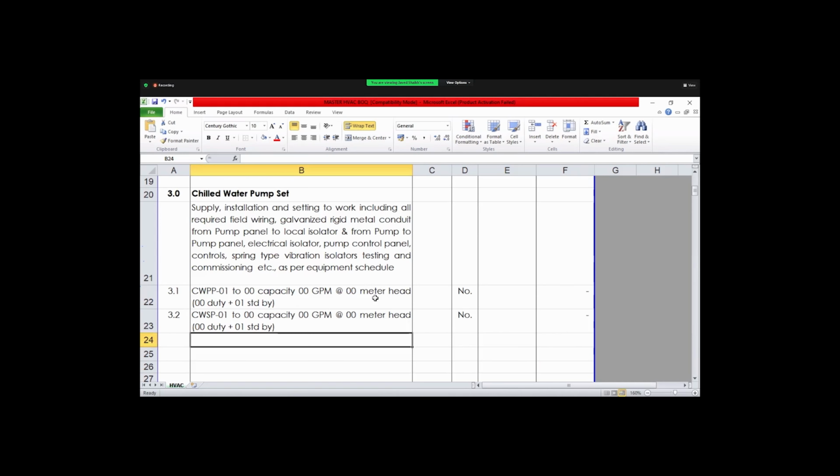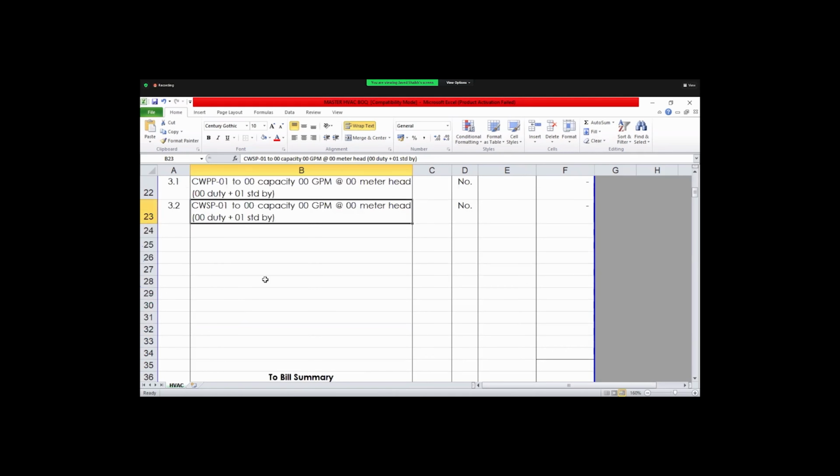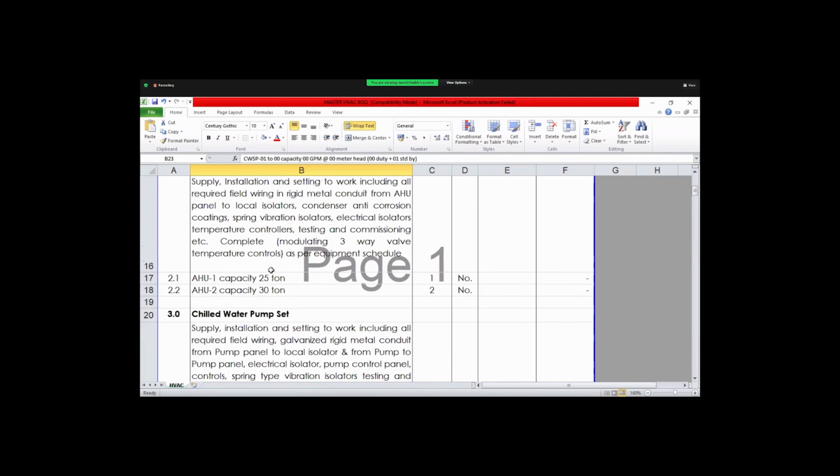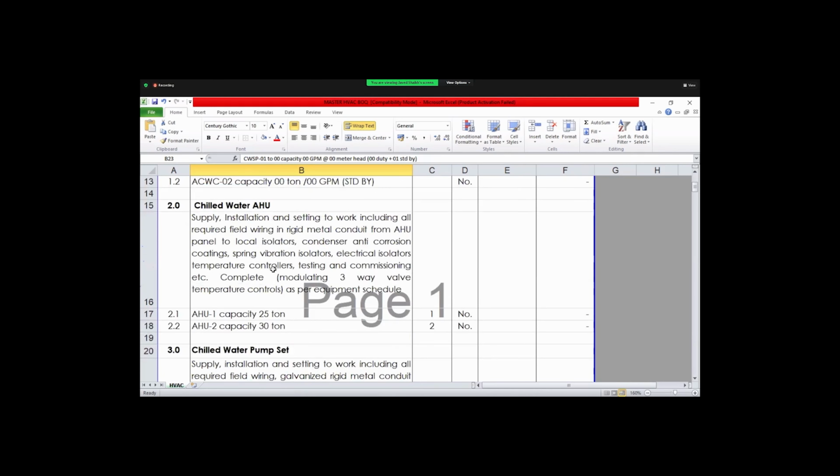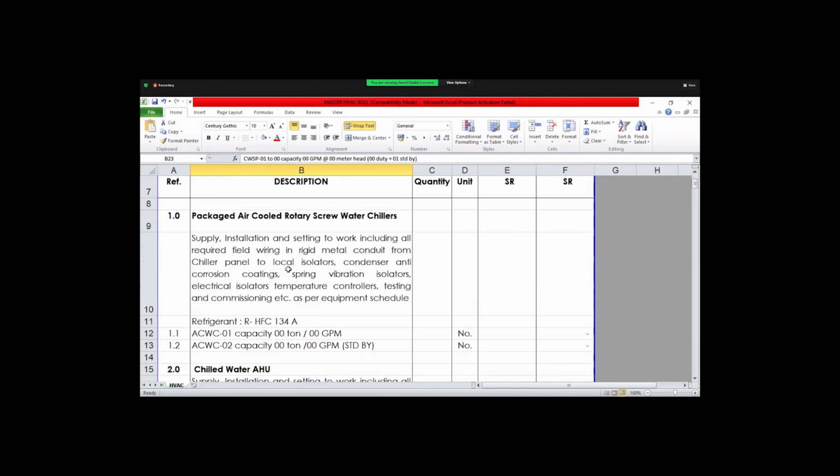Okay, so this is the primary pump, and the same goes for the secondary pump also. So based on our secondary circuit, how many pumps we are going to provide, and one should be standby compulsory. Okay, so this is the pump and chiller part, meaning this plant room part.